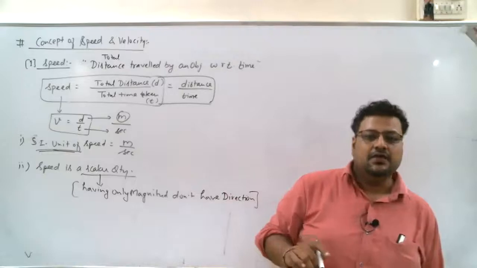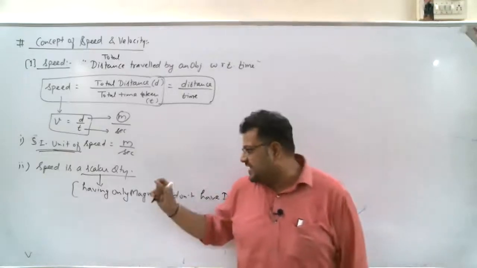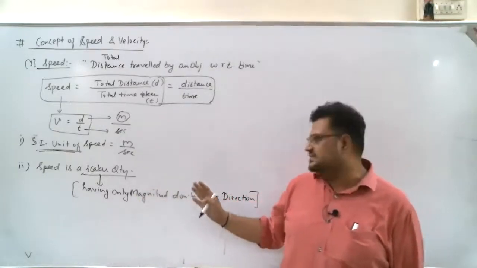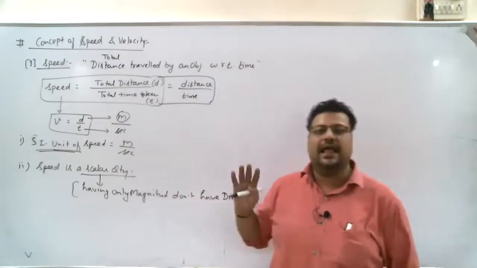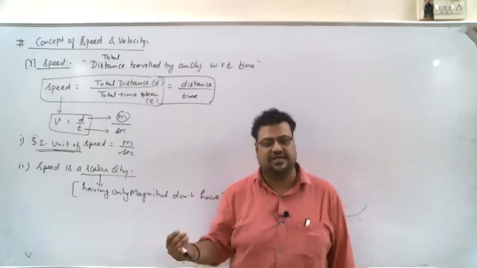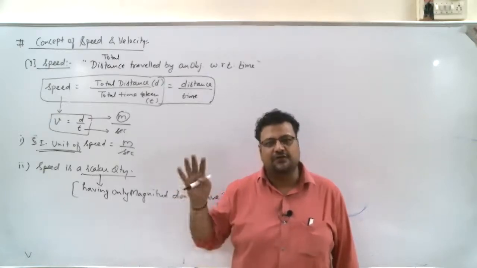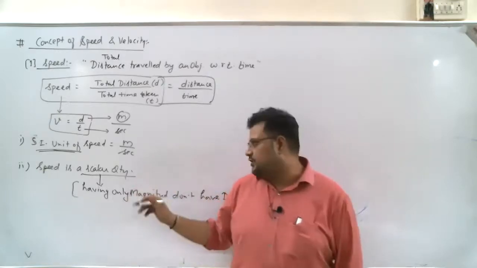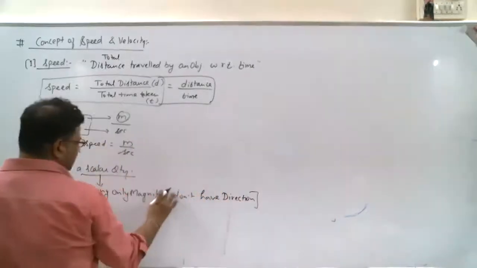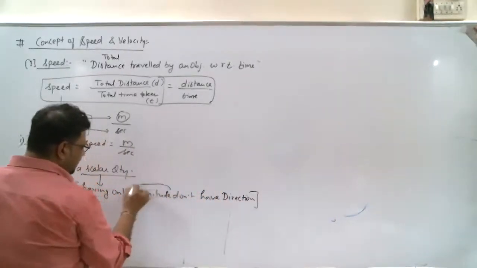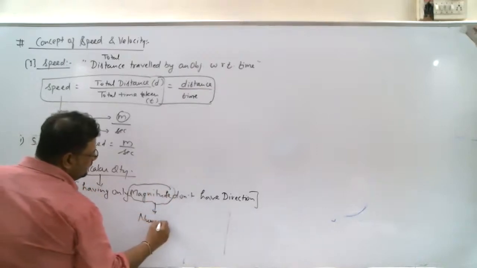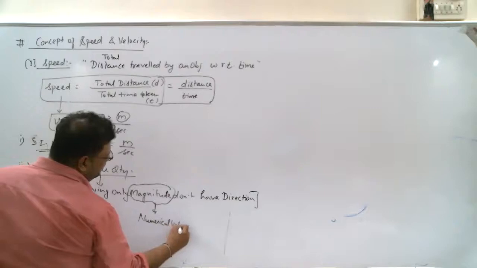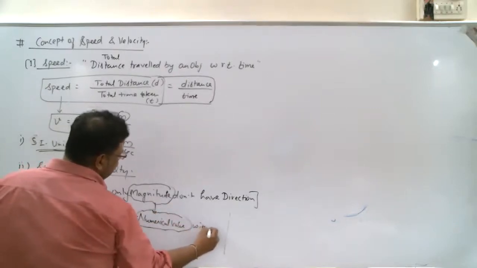Any quantity which is possessing only magnitude, but does not require any direction to express itself. So all those quantities have magnitude. What do you understand by magnitude? Magnitude means the numerical value with unit, you can say.